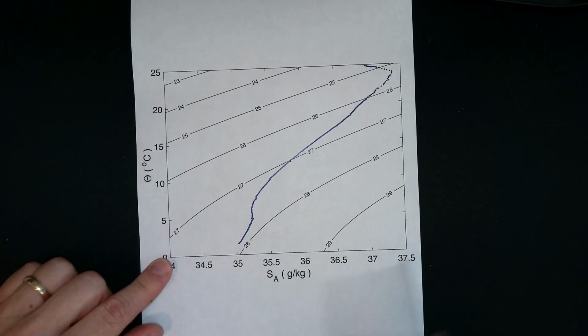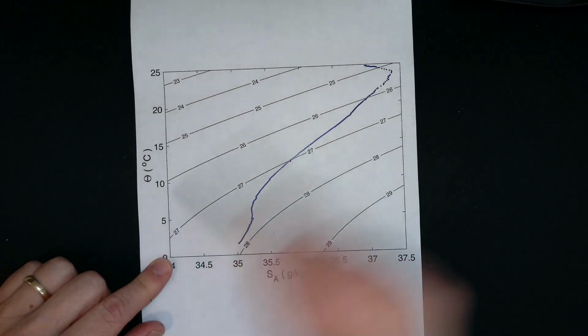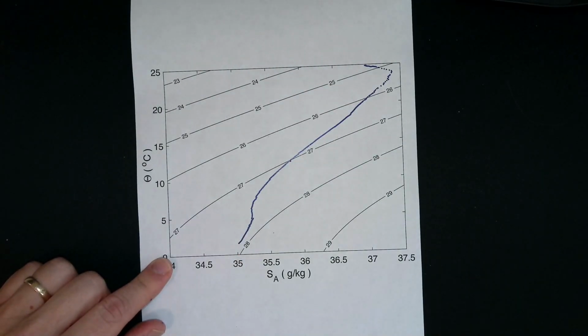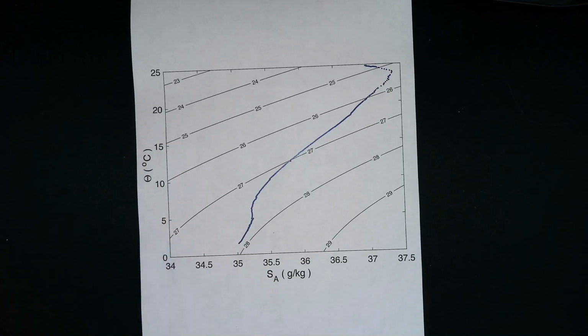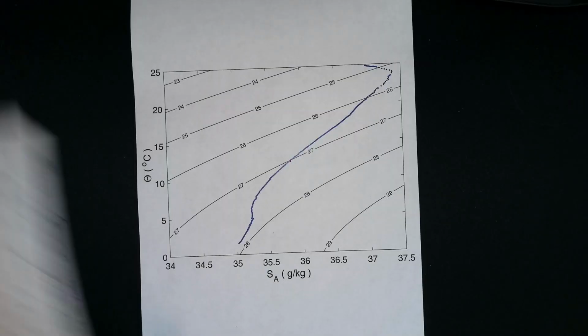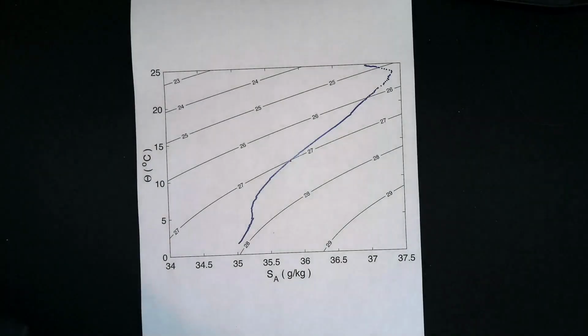In this case, both the x and the y-axis are the independent variables, and the contours are the dependent variable. All right, but it is true that while temperature and salinity are not functions of each other, both are functions of depth, and I will show you such a graph.